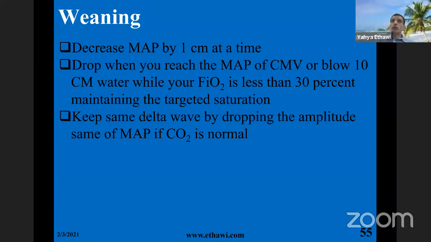And when you wean the MAP, you need to keep your FiO2 less than 30%. If your FiO2 need went up to keep the target saturation, then you might need to revert your weaning.